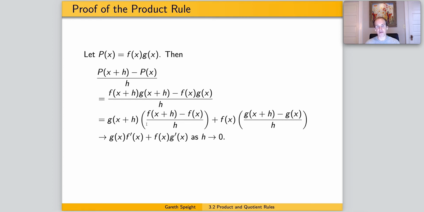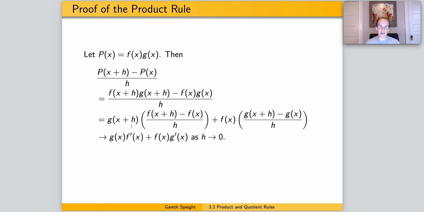It is equal if we were to multiply out the terms, since everything is divided by h on the bottom. If we multiply the terms, we get g of x plus h times f of x plus h, which is in what we had before. Then we get an extra term, minus g of x plus h times f of x. But in the second term, if we multiply it, we get plus f of x times g of x plus h. So those are going to cancel. And then we have finally minus f of x times g of x, which is in what we had before. So it is equal to what we had before.